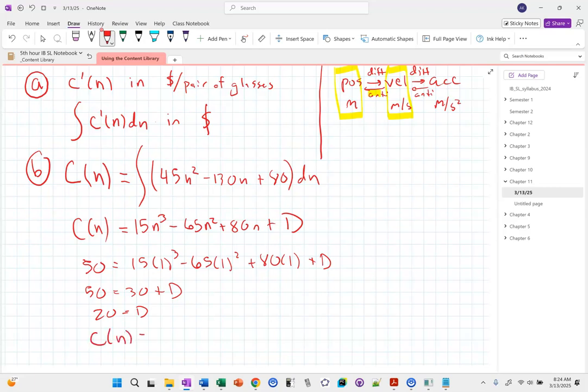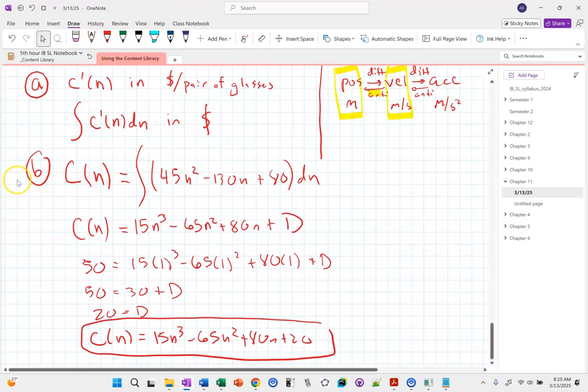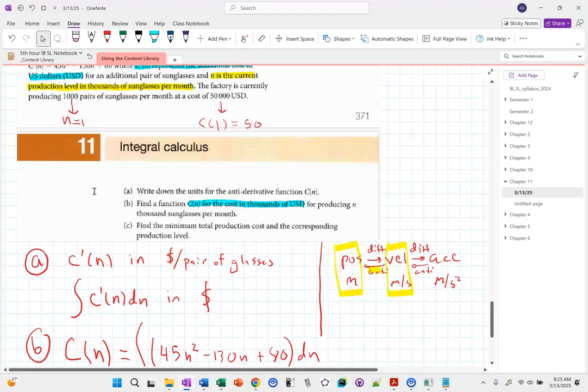So our cost function then would be that guy there. Feels okay? Hardest part is just making sure that you're keeping track of your units and what they're representing, because they're being kind of crummy here by giving you N in thousands of units, and that's annoying.